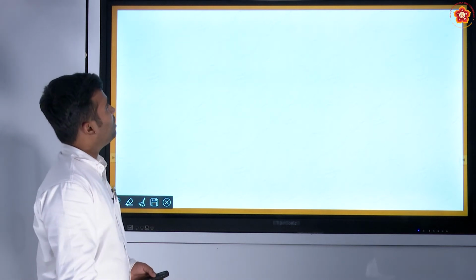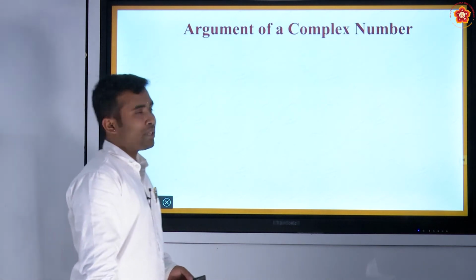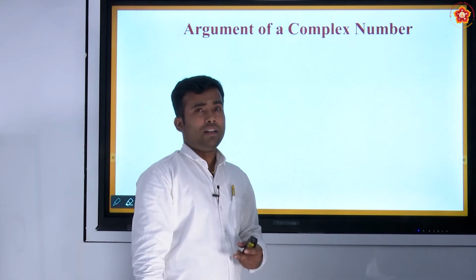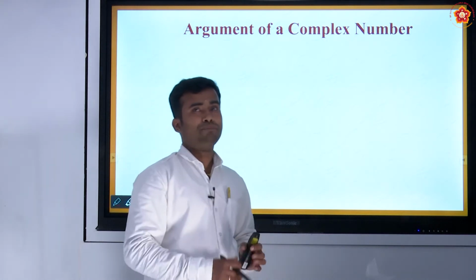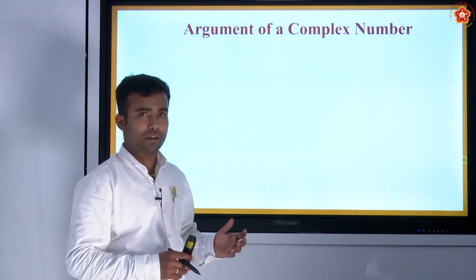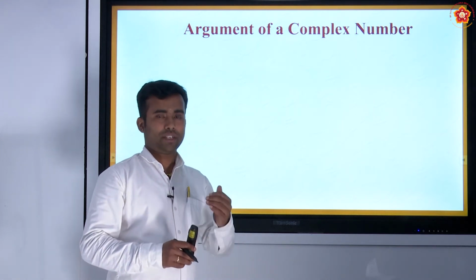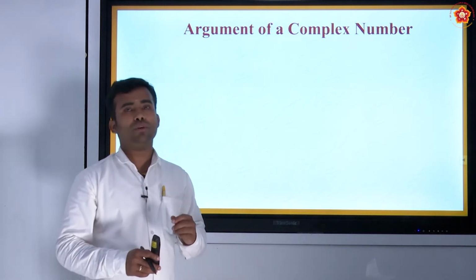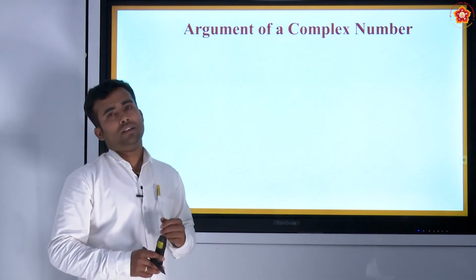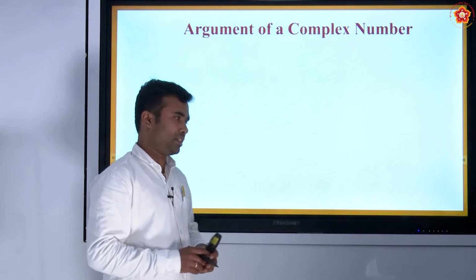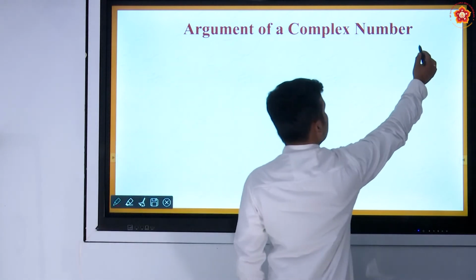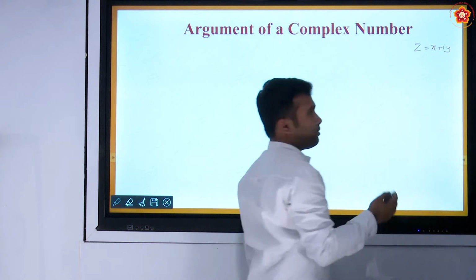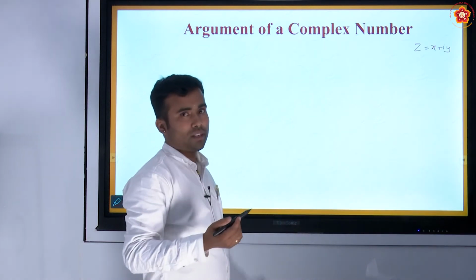Next we have the argument of a complex number. See, as of now, we express the complex number in such a way that z is equal to x plus iy, or z is equal to a plus bi. Those are the Cartesian coordinates. If you express z is equal to x plus iy, that is the Cartesian form, where x and y are the Cartesian coordinates.